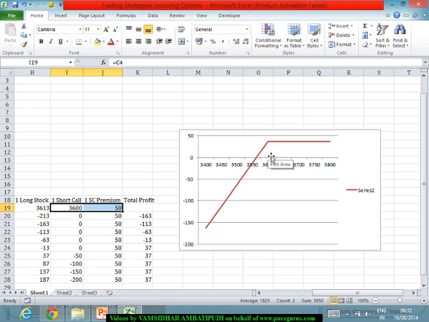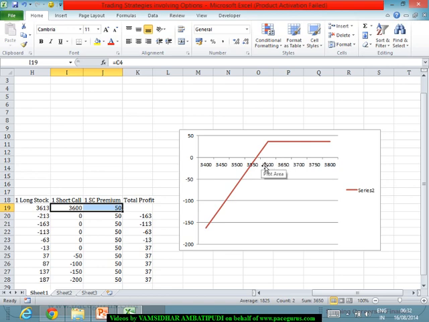3,650, there is going to be a profit of 37 bucks, but anything below 3,613, sorry, which is the stock price, below 3,613, I could see that the profits are falling, and slightly below 3,000.